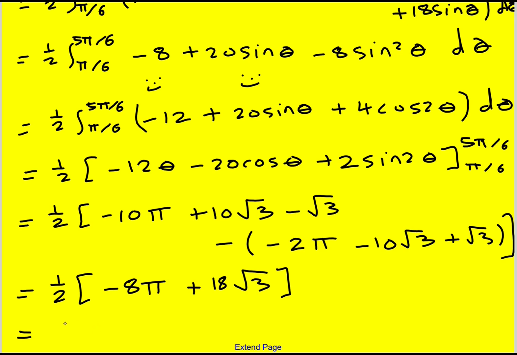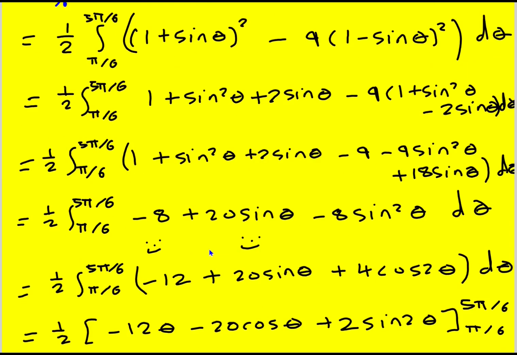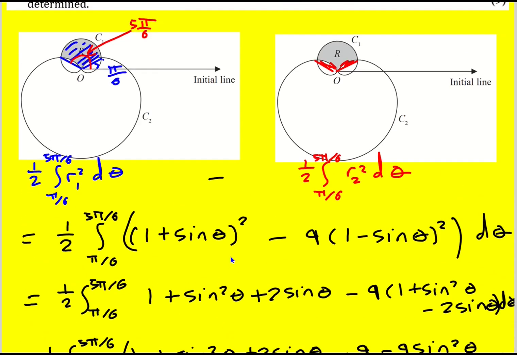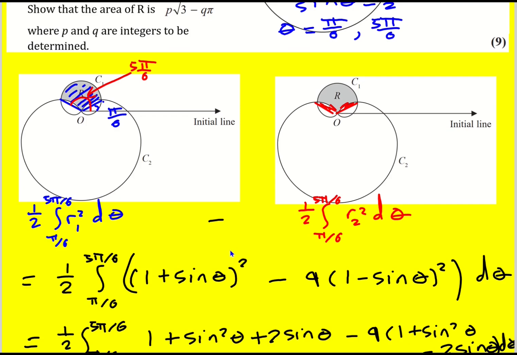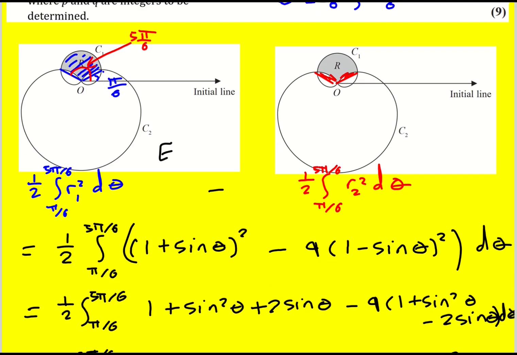And then we're there. It's going to be 9 root 3 minus 4 pi. That is the enclosed area. Awesome. There we are.